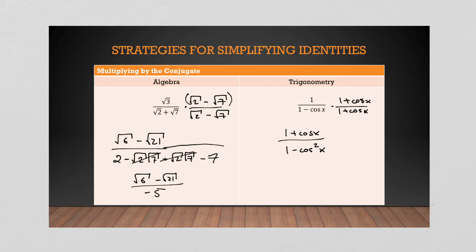And 1 minus cos squared x is a difference of squares, but we've combined it for a reason, because remember that sine squared x plus cos squared x equals 1. So algebraically, subtract cos squared x from the right-hand side. Now you get sine squared x equals 1 minus cos squared x. And that is what we have right here. So we could sub that out.